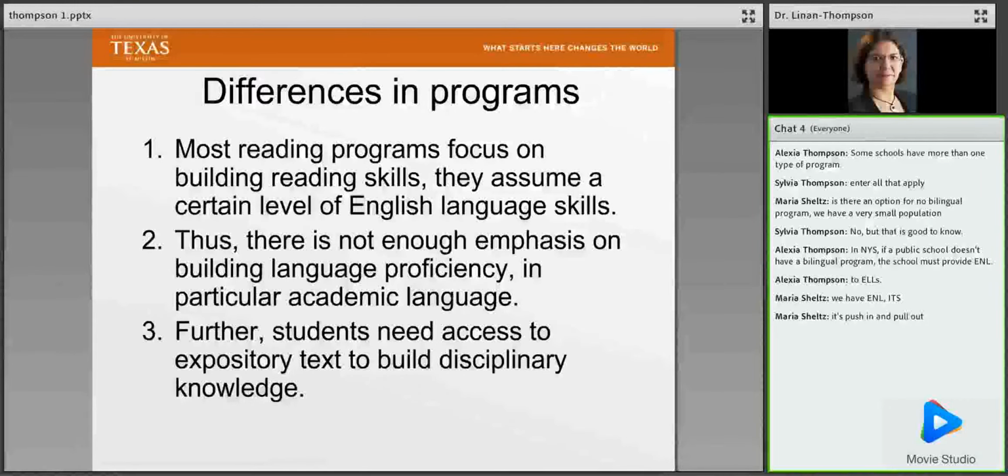So when you're thinking about your students that are English language learners, and where they would get support, you can think about ESL or ELD development, the ELD class, as the place that provides the foundation for English language learning, right?